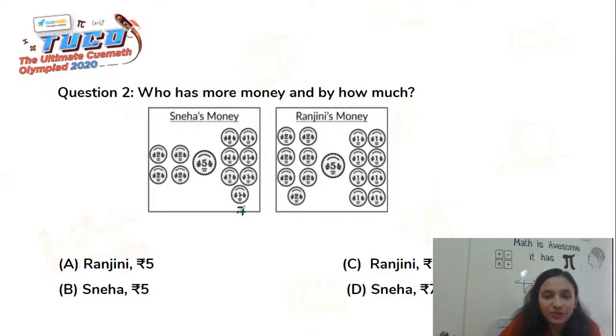So I'll write 7 rupees here. Then this is 5 rupees. Each of these coins is 2, so you would count 1, 2, 3, 4, 5, 6, 7, 8. So 8 rupees.